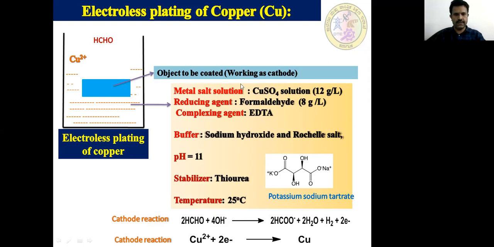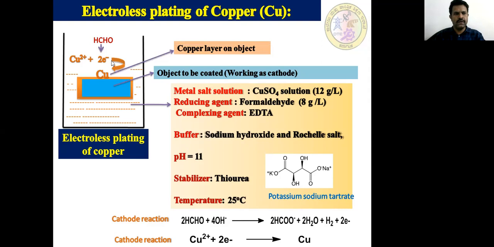Under these conditions, oxidation and reduction reactions will occur simultaneously. The reducing agent present in the electroless plating bath, that is formaldehyde, will undergo oxidation by reacting with hydroxide ions present in the bath, and it will release or donate electrons.